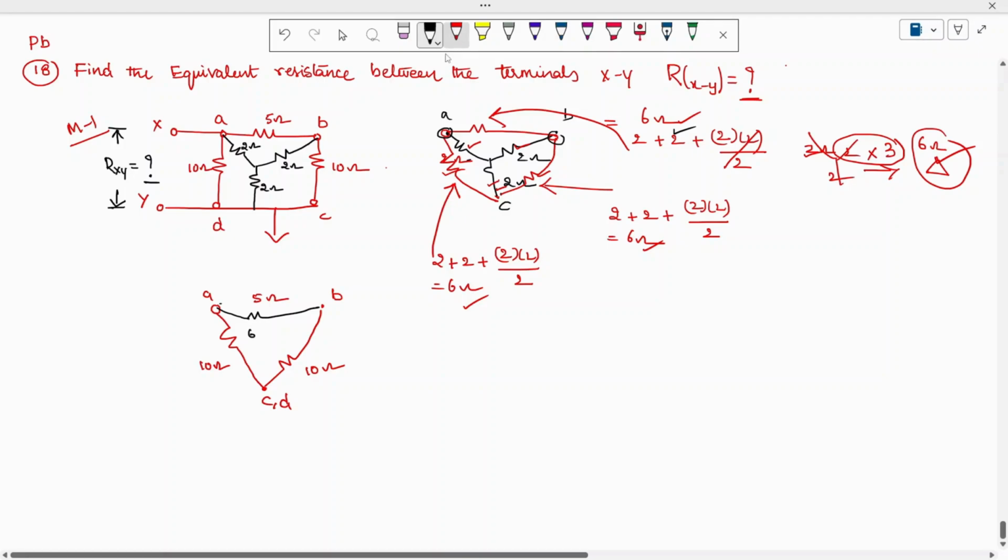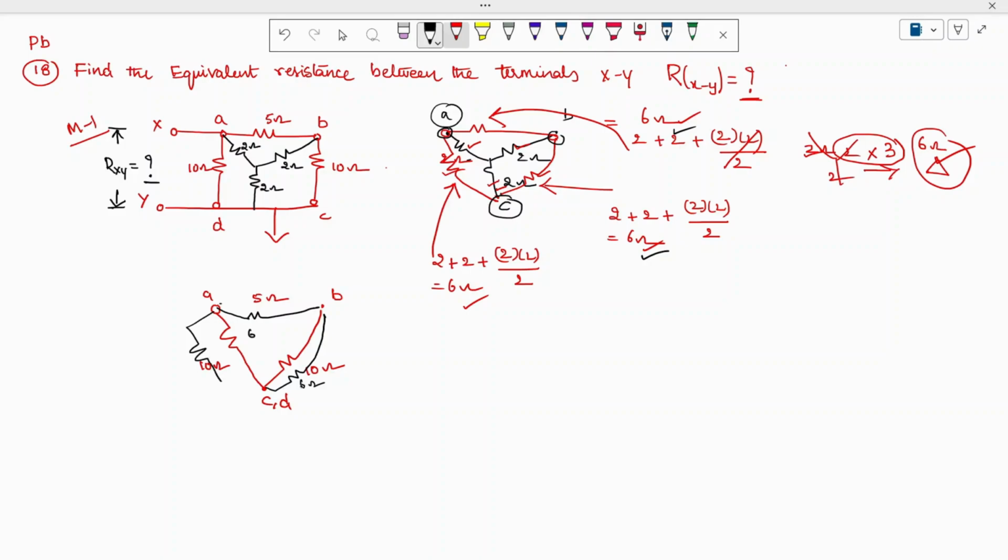And between B and D you have an additional 6 ohm resistor. So this also I'm drawing. You have an additional black resistor of 6 ohm. And next, between A and C you also have one more additional resistor. So I'm going to draw this as 6 ohm.